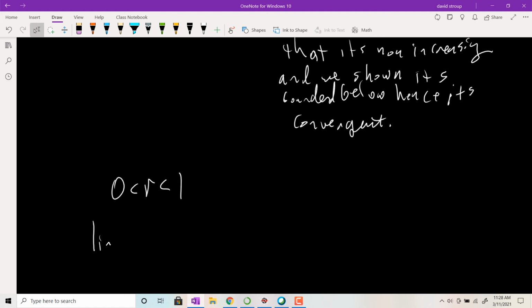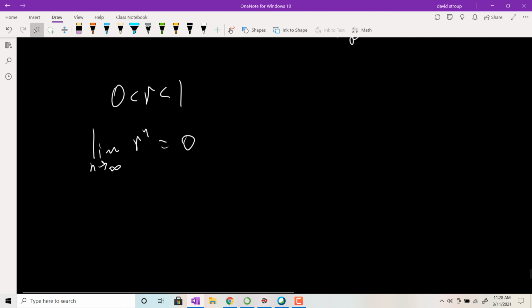If you take the limit of r to the n, as n goes to infinity, that will equal 0. And you could prove it using calculus. You could say, well, the limit as x goes to infinity of r to the x will equal the limit as x goes to infinity of, you could probably rewrite it as an exponential, right?